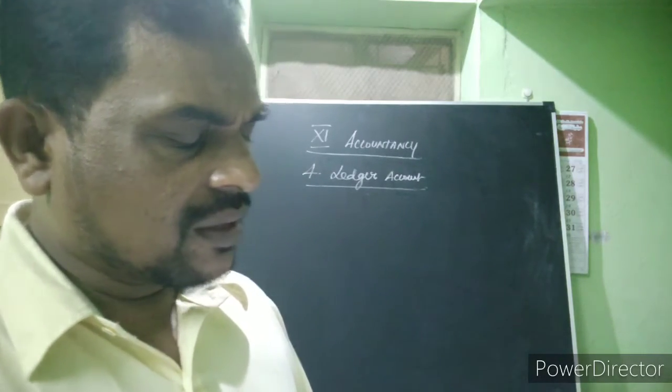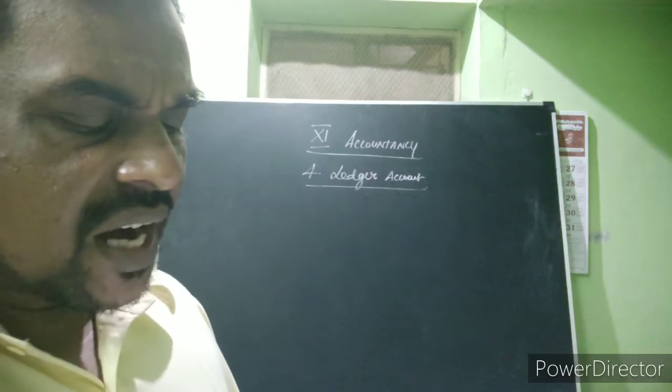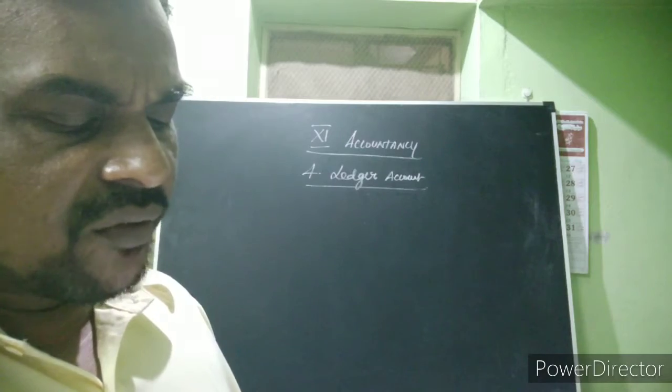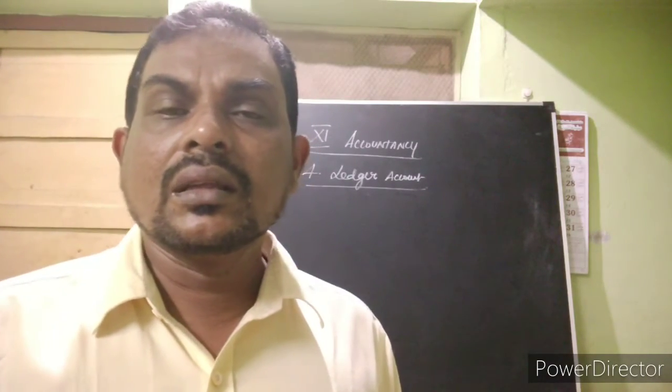Illustration 7: prepare cash account from the following transactions for the month of January 2018. Listen students, this is very important.